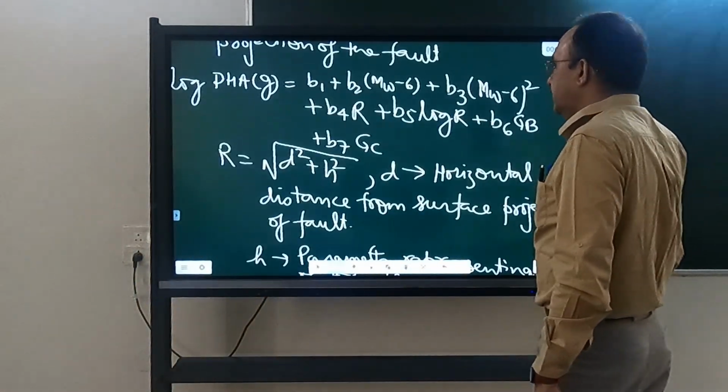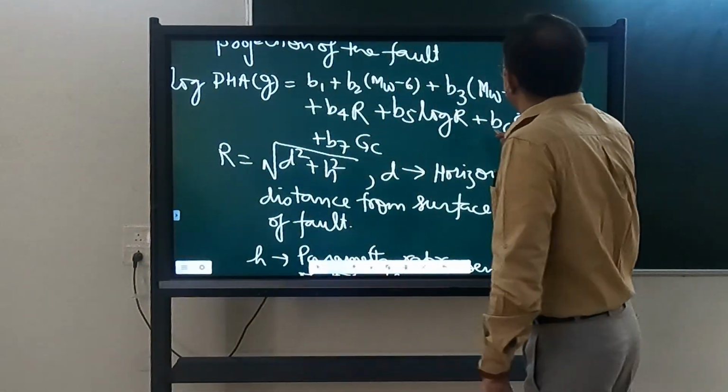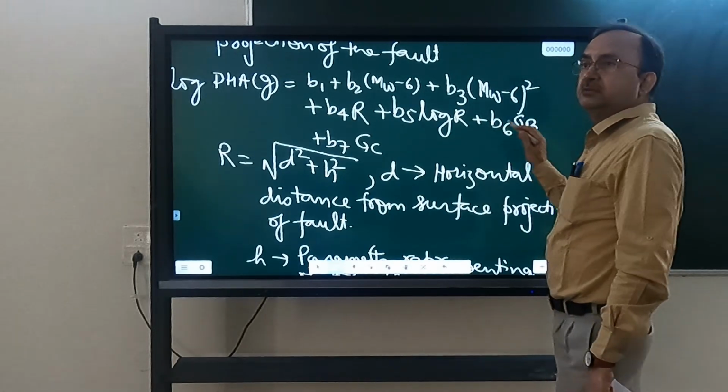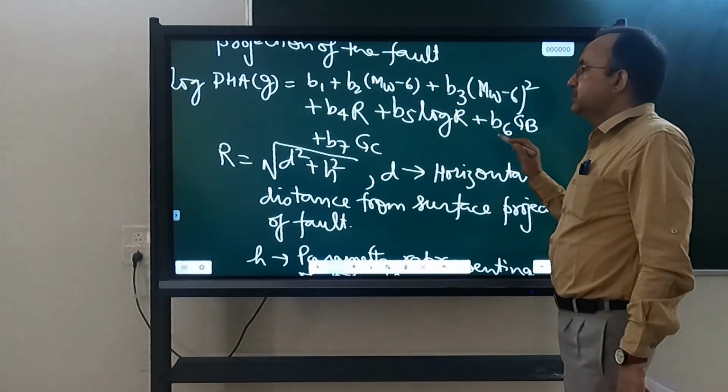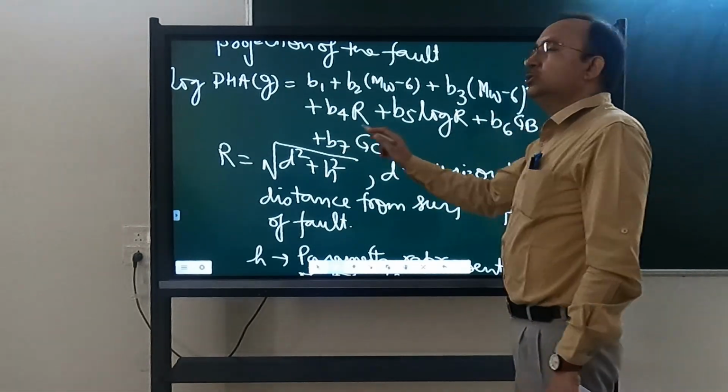In this attenuation relationship, for site class B this parameter will come into the picture, and for site class C this parameter will come into the picture. In site class A, both of these will be zero.